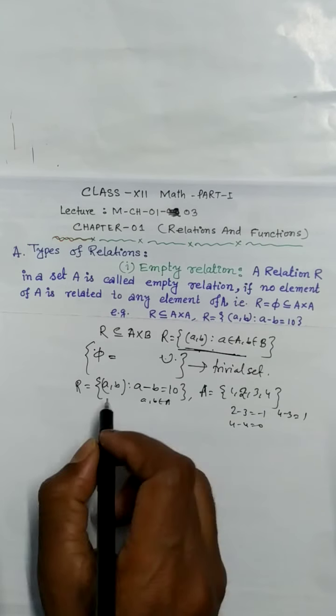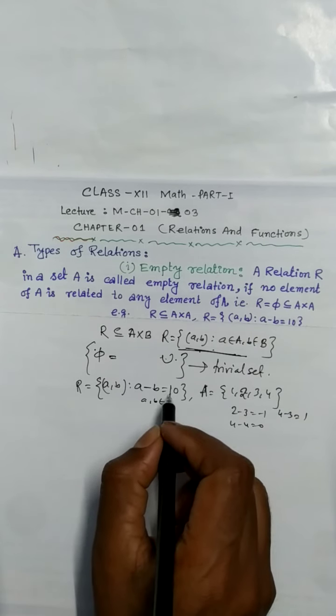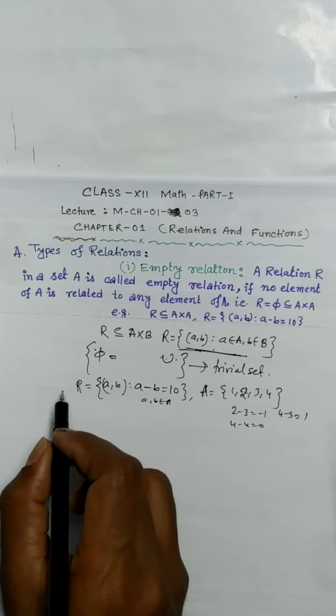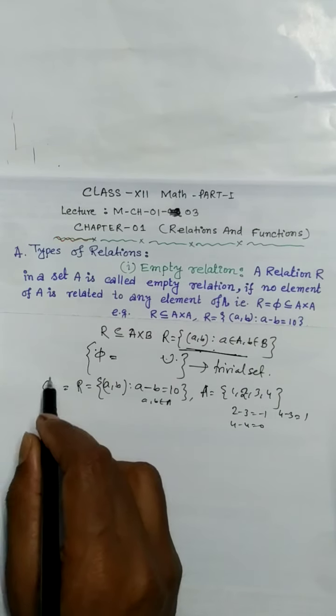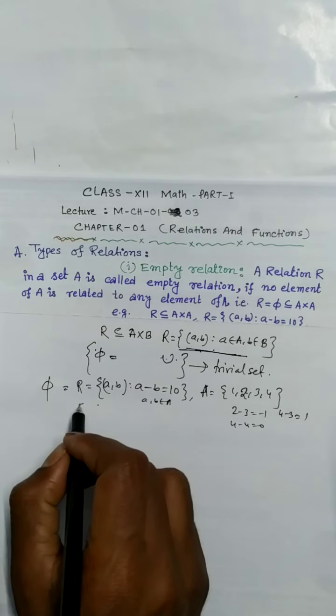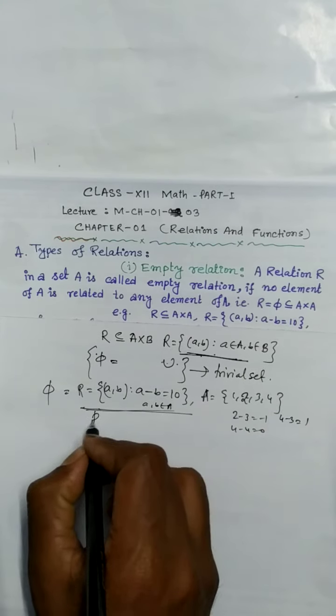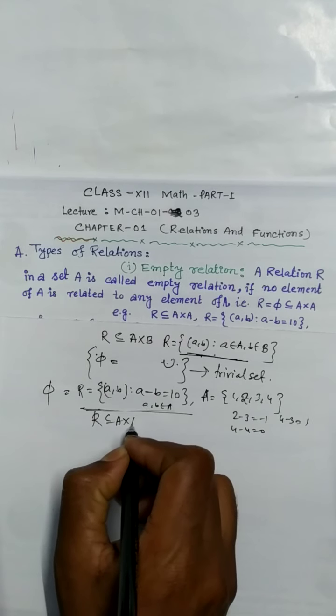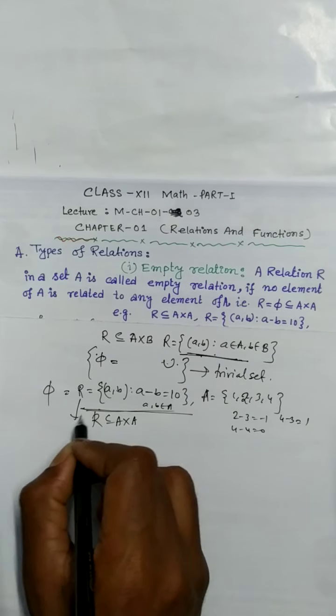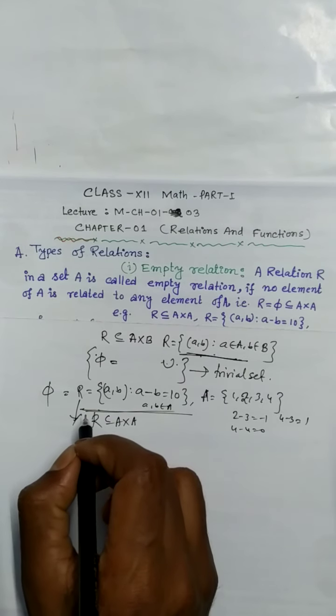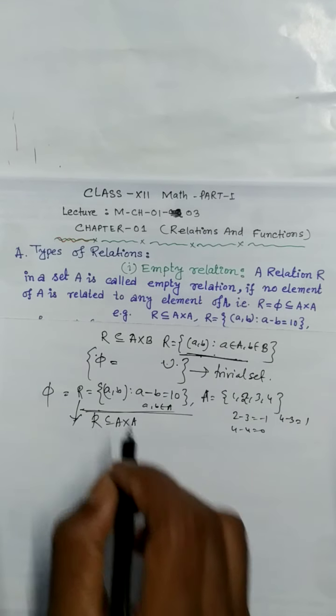So you never get a difference equal to 10. That means this set is a null set. And if R is a subset of A cross A, then this relation is called a null relation or empty relation.